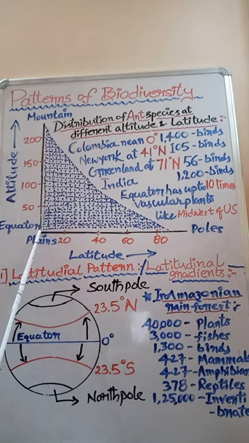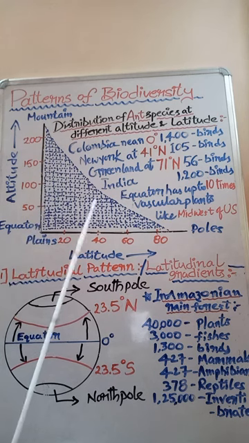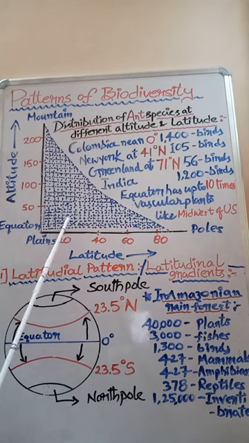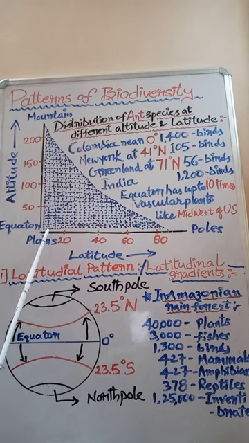So in this place where there is low altitude and low latitude, there are more species of ants. But the ant species count decreases when we go away from the equator towards mountains, in the altitude direction.